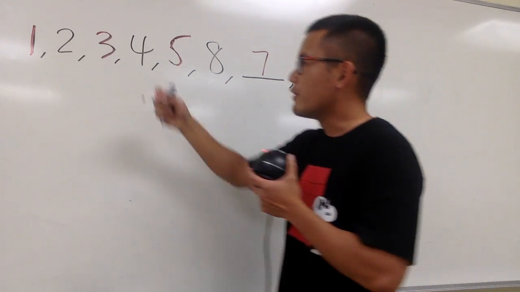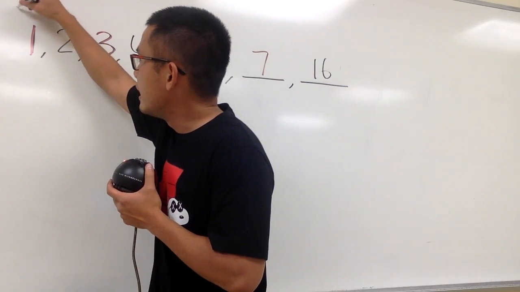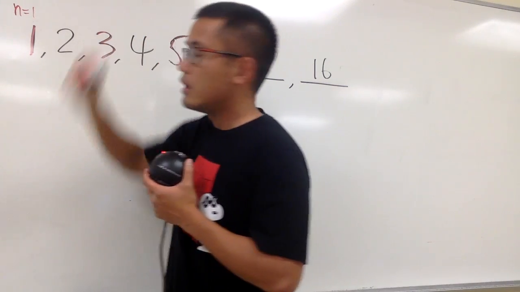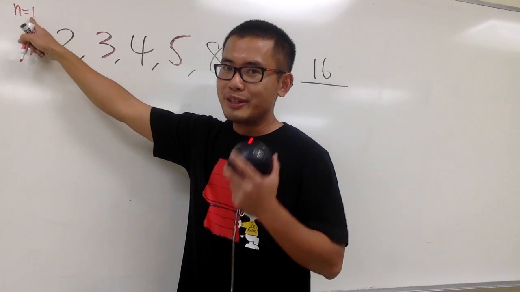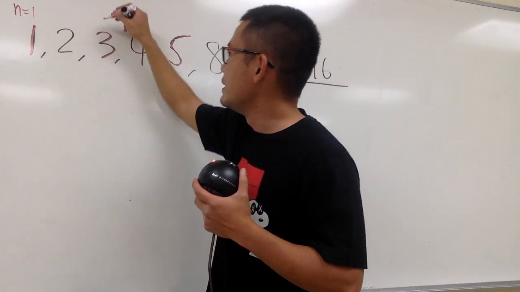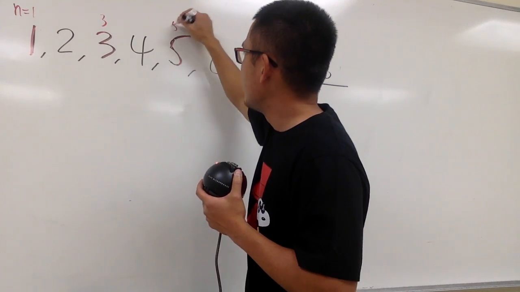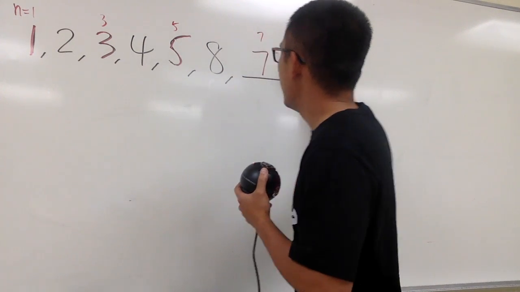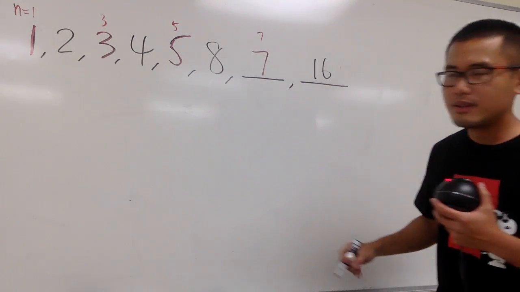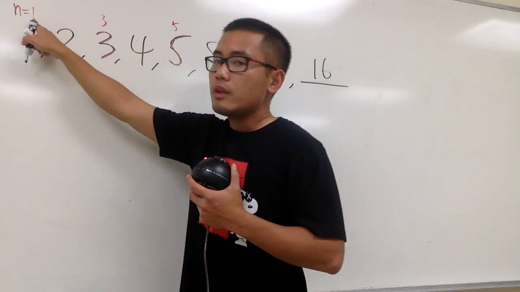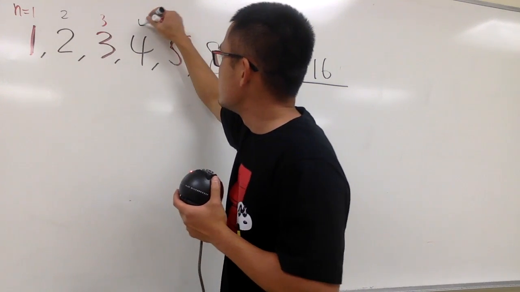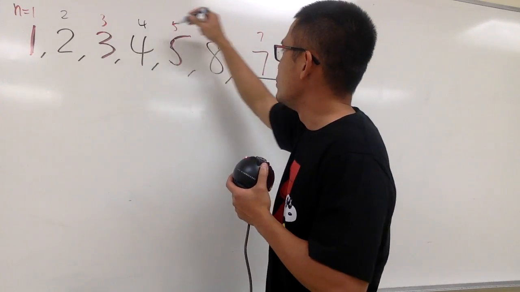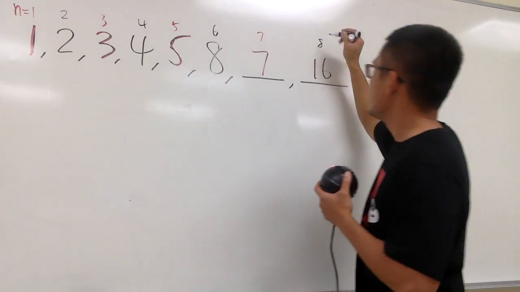So first, I would like to say n starts with 1. So I will just list out the regular numbers, 1, 2, 3, 4, 5, 6, 7, 8, 9, 10, and so on. When n is odd, I put it down in red, and when n is even, I'll write this down in black.